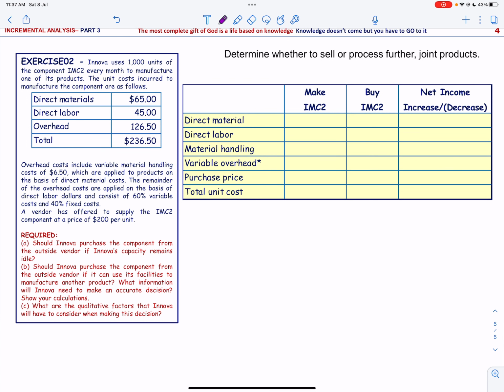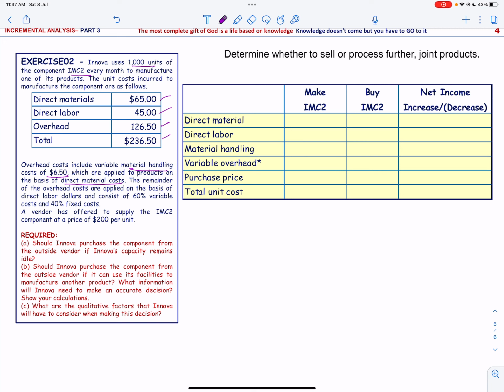Next, let us solve one more exercise where we use incremental analysis to make or buy decision. Now, Innova uses 1000 units of the component, and the name of this component is IMC2 every month to manufacture one of its product. The unit cost incurred to manufacture the components are as follows. We have the cost over here. Overhead costs include variable material handling cost of 6.5, which are applied to products on the basis of direct material cost.